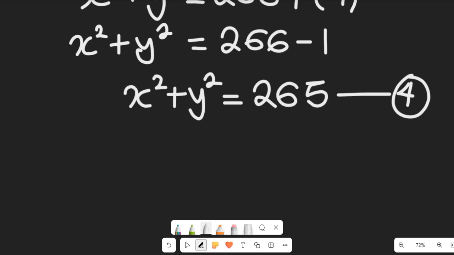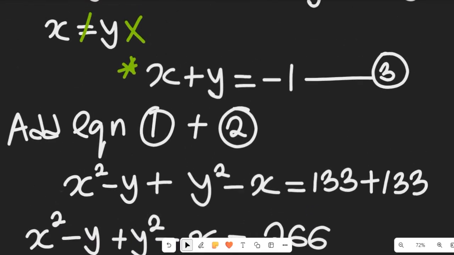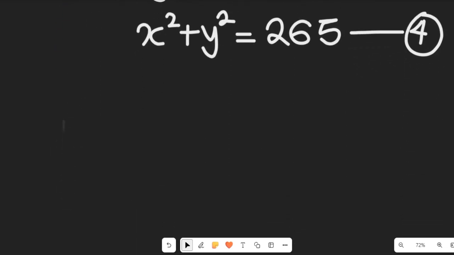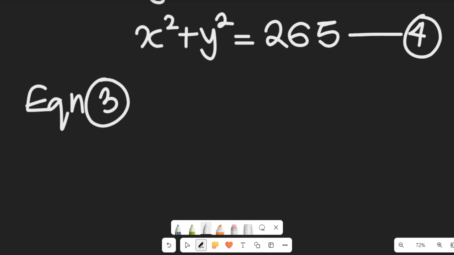Great. Now from equation 3, you come to see that x plus y is equal to negative 1. So what do we do with this equation?